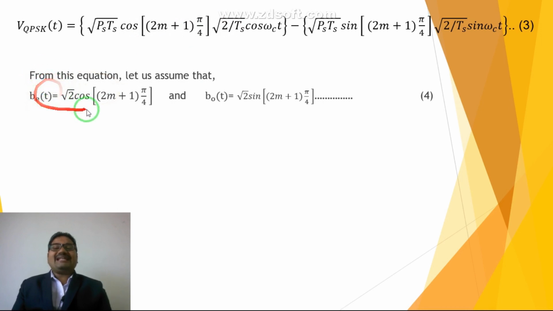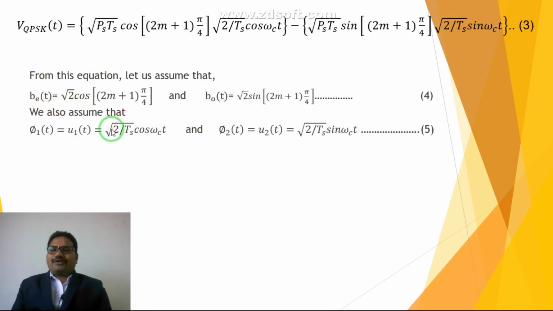B of et, that is the even bit stream. And similarly B of ot is nothing but your root 2 sine of (2m plus 1) pi by 4. Make this as 4. So over here it is an even bit stream and over here it is an odd bit stream.